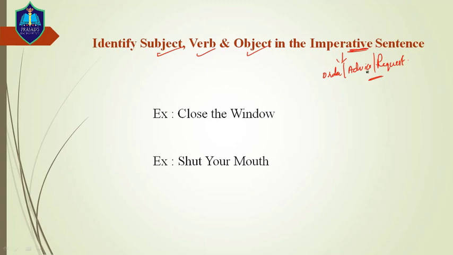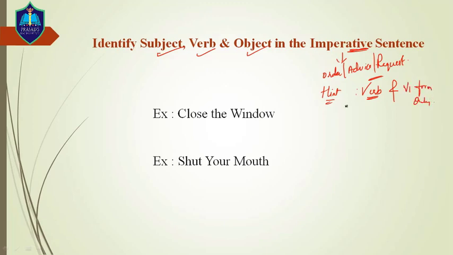In an imperative sentence we have a rule for how to identify whether the sentence is imperative or not. The very first hint is that it will start with the verb, and it will be in V1 form only.